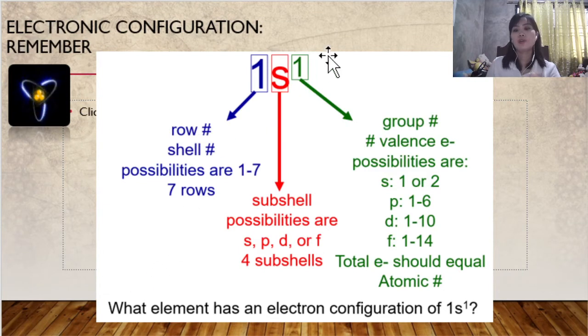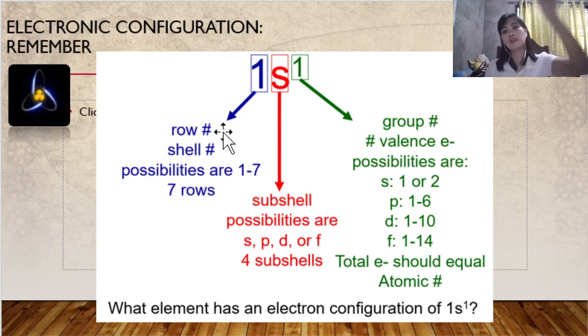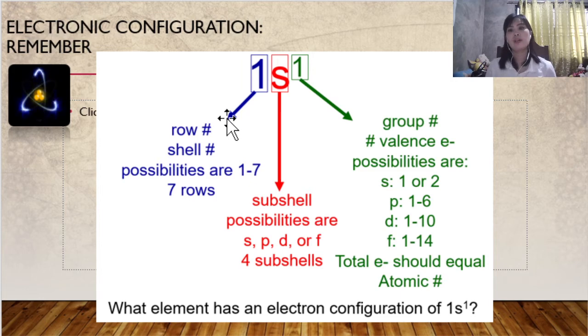Okay, so electronic configuration, I want you to remember that marami kayong makikitang data dito. Now, for one, you can entail that this is row number from the periodic table, yung row. Ilang rows yun? 1 to 7. Yung nasa horizontal ng periodic table, ito yung row. Can you see it? Again, row 1, row 2, up to 7. Yung S natin, ito yung subshells. So, kung S, remember, they are assigned as S, P, D, or F. Okay?